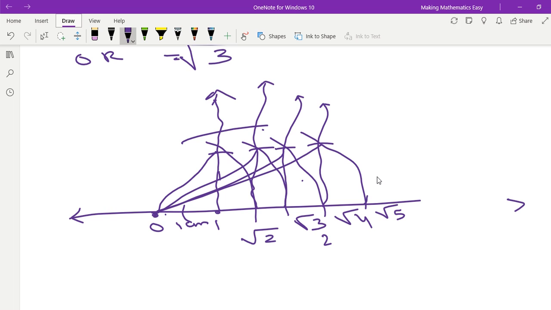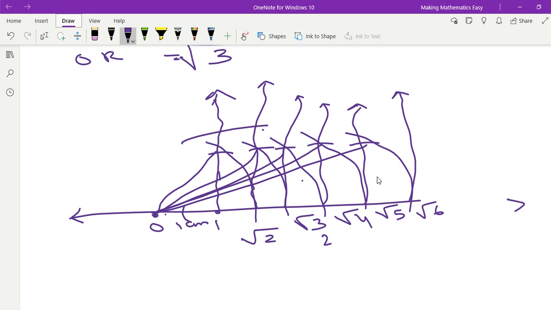Again you need to draw a perpendicular from here, and 1 centimeter from here, join these 2 points, and using this as your radius, you need to cut over here on the number line. This is your root 6. Again you need to draw a perpendicular from here, 1 centimeter arc from here, make an arc over here, taking this as your radius, you need to draw an arc on the number line, and this is your root 7.